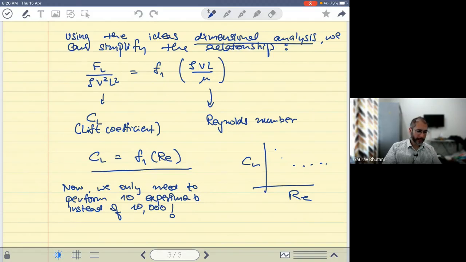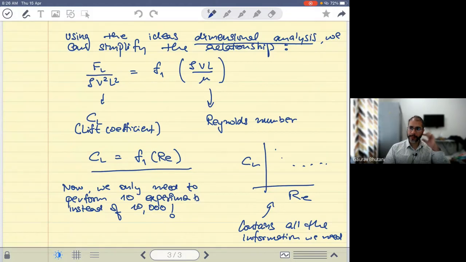Is that clear? And this graph contains all the information we need. All that behavior between force and the 4 variables is there, because we already have shown that the behavior can be condensed into simply a relation between CL and RE.